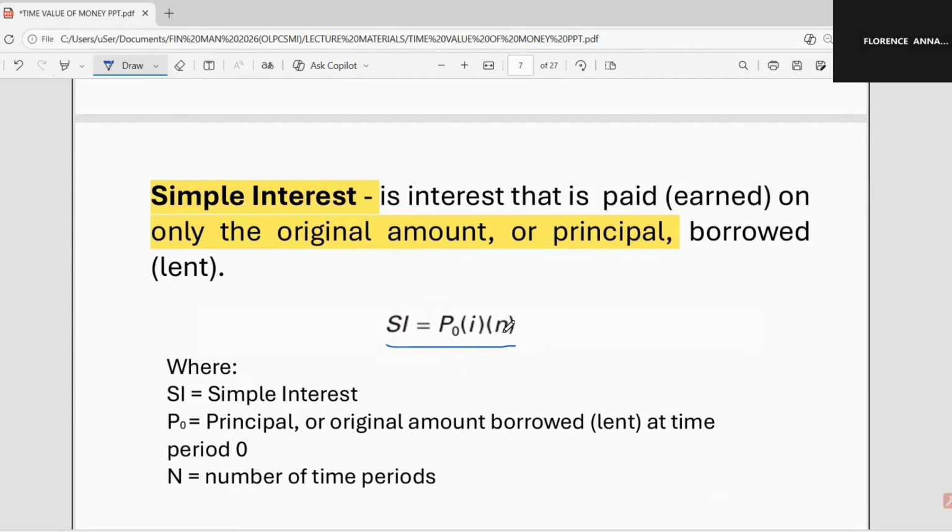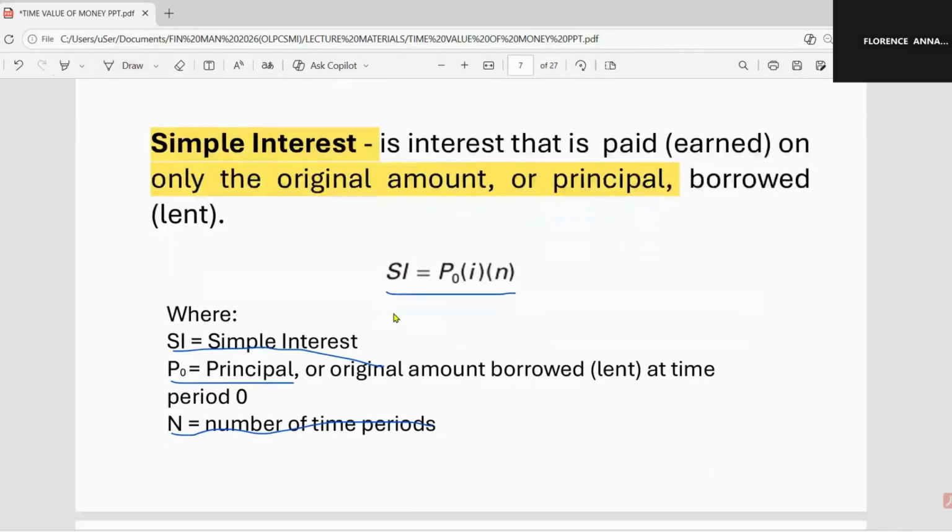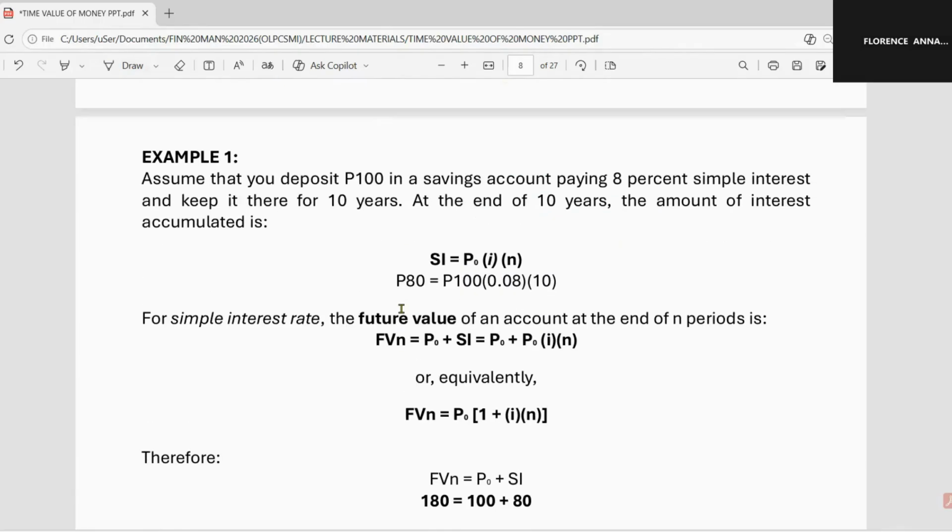So, it's SI is equal to P0 times I times N, where SI is your simple interest, P0 is your principal, and N is your number of time periods. Now, let's try. For example, assume that you deposit 100 pesos in savings account paying 8% simple interest and keep it there for 10 years.